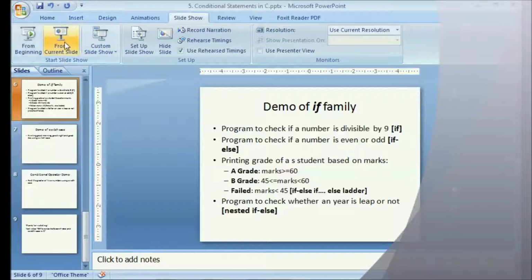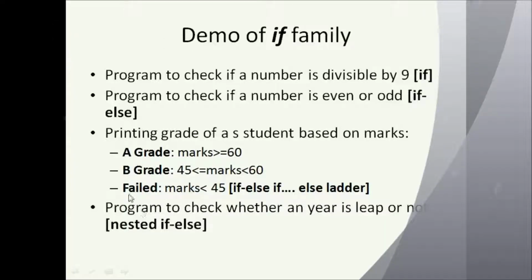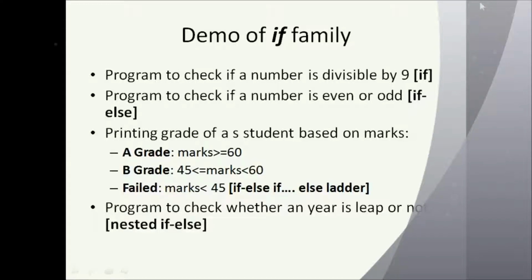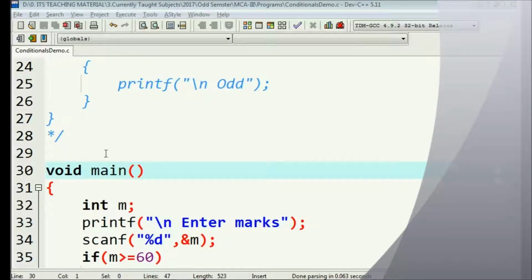The next program is to check whether a year is leap or not. So if we talk about the if family, this is the last concept, how to implement nested if else. Nesting of something means something within something, or if inside if.